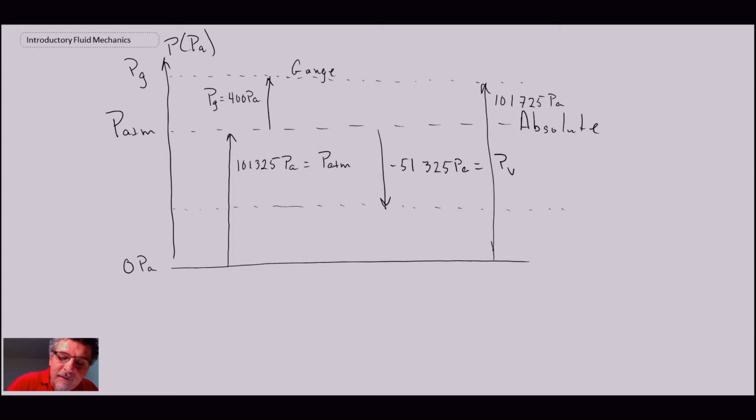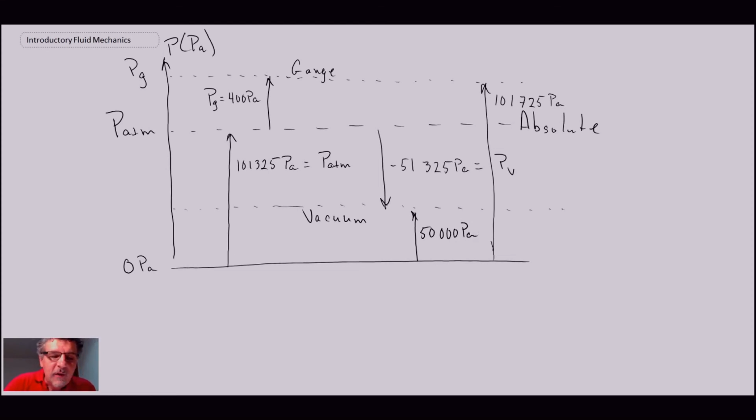That would be vacuum. And the pressure there would be 101,325 minus 51,325. That would take you to an absolute pressure of 50,000 pascals.